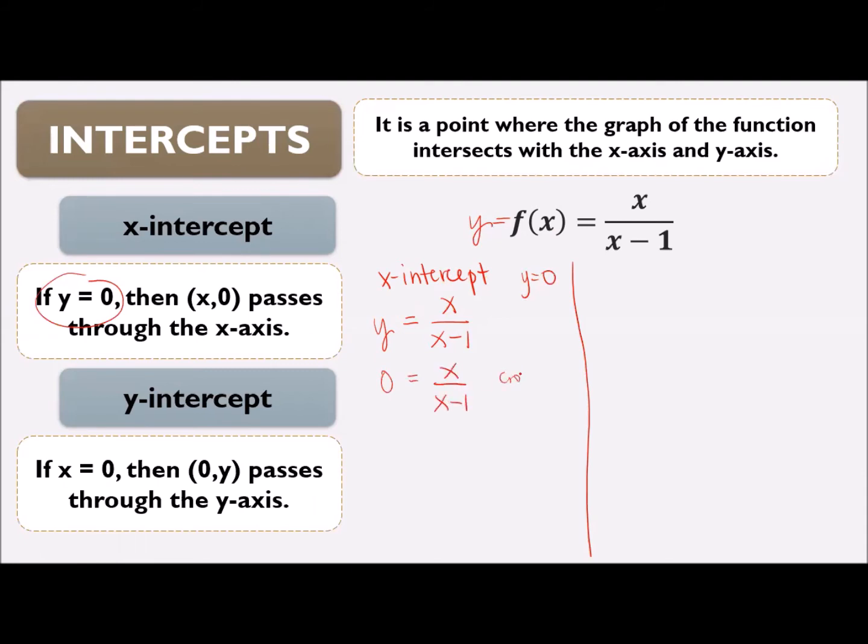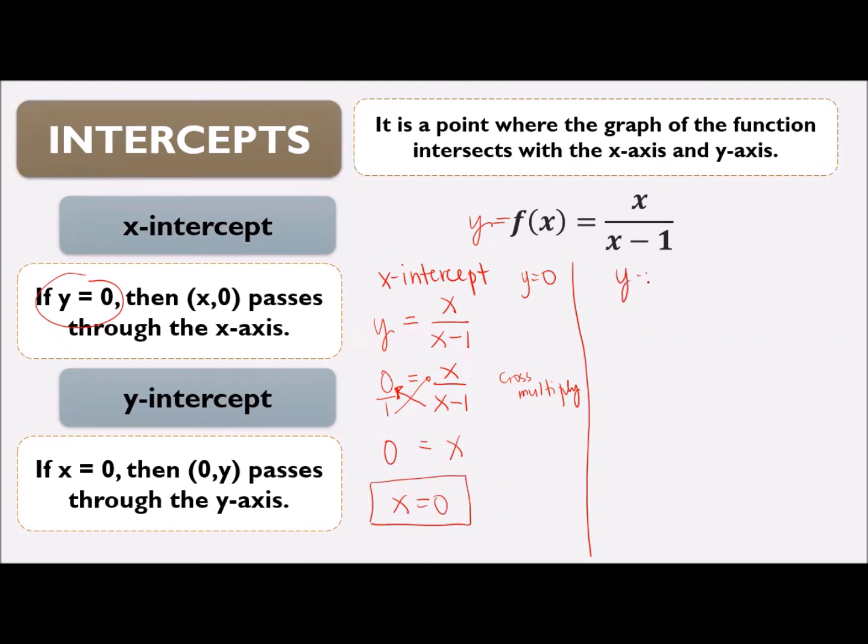So, shortcut na lang tayo. We're going to cross-multiply. Okay? So, multiply natin dyan. Then, retain na lang to kasi it's over 1. So, 0 times x minus 1, that is 0. And then 1 times x is x. So, it only means that the x-intercept is 0.